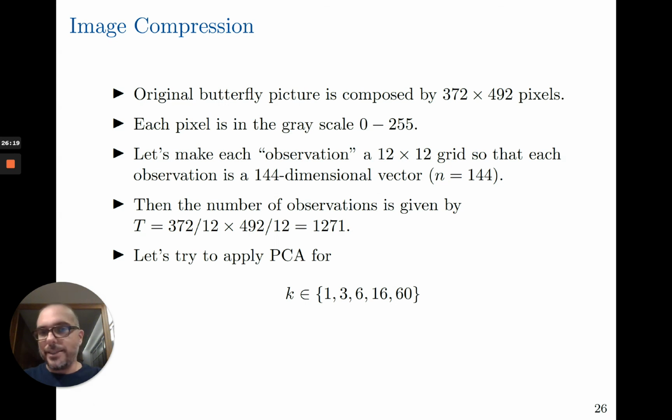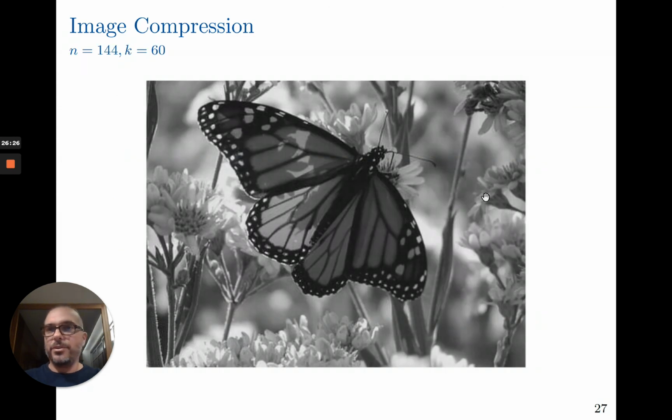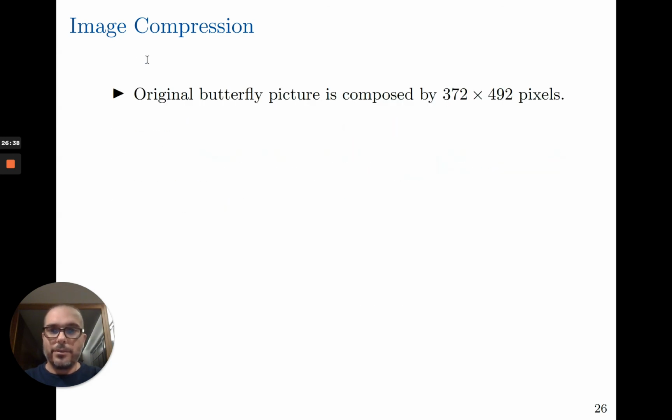So let's apply PCA, trying to reduce this 144. So this is the original image. And that's already a compressed image: we have 144 dimensions, but we are using 6 principal components.